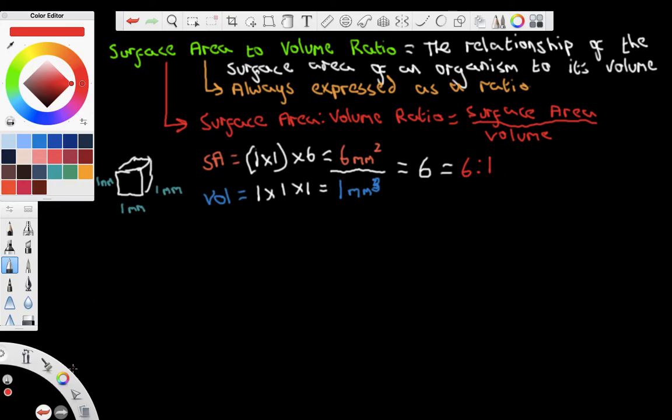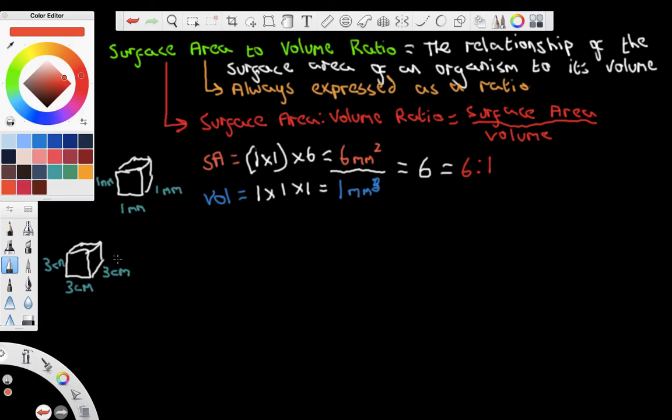Let's try another one before I give you the last one to do yourself. So no surprises. We're going to use the same cube sizes we've used previously, so you've already got your surface area and your volumes worked out. So we're going to do 3 centimetres by 3 centimetres by 3 centimetres, okay?